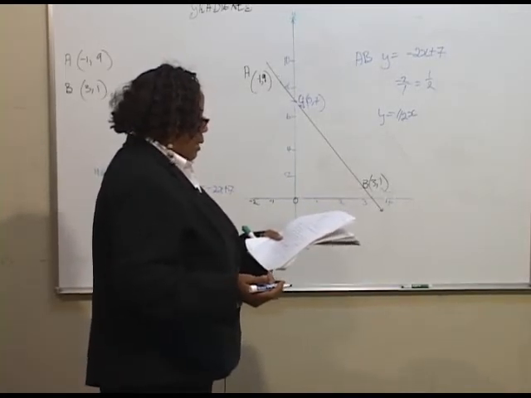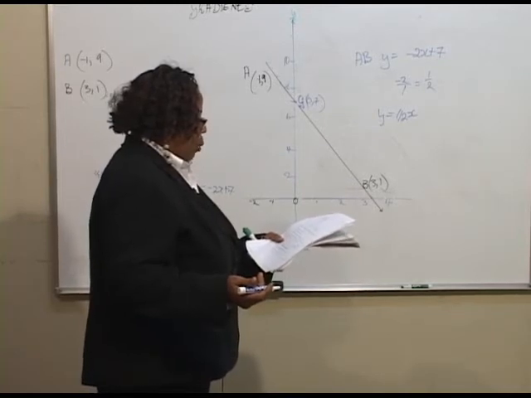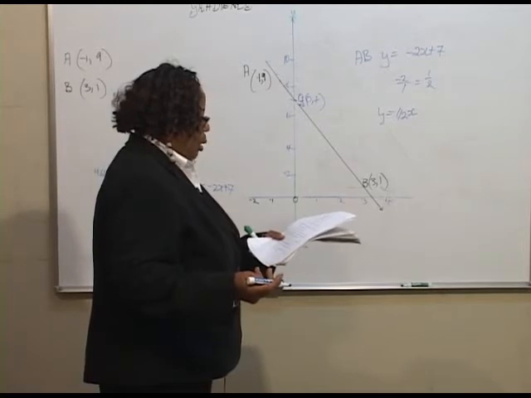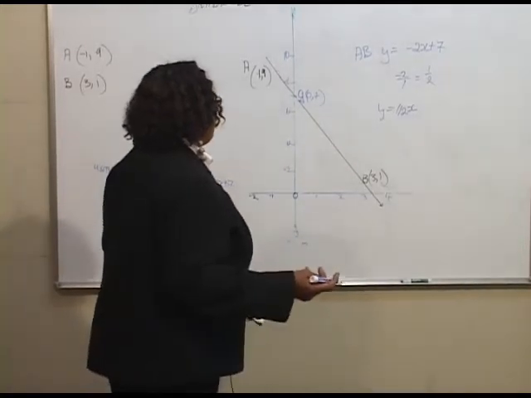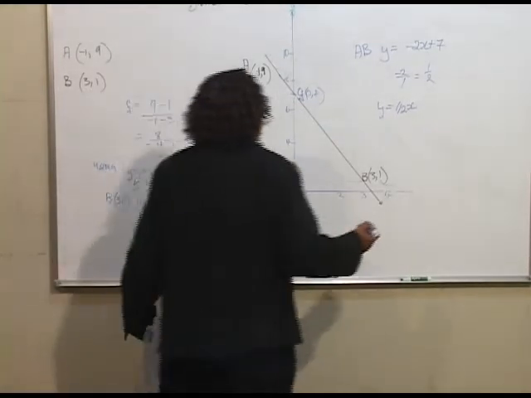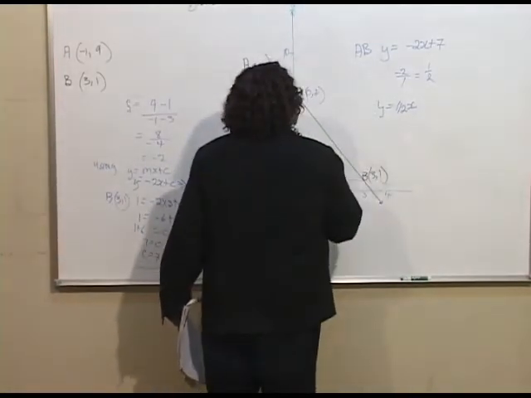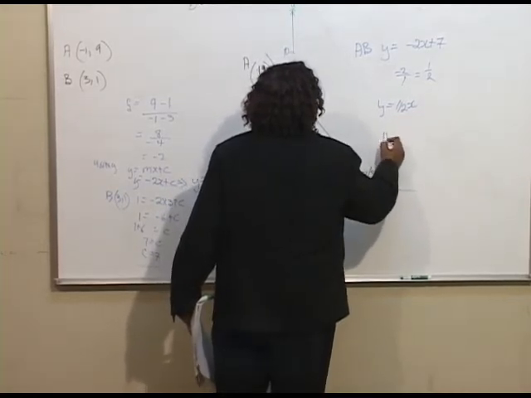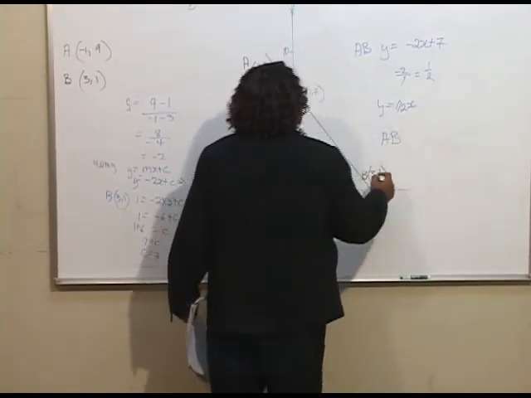And then it says, write the equation of the line through 0 that is parallel to AB. So this is AB, okay?